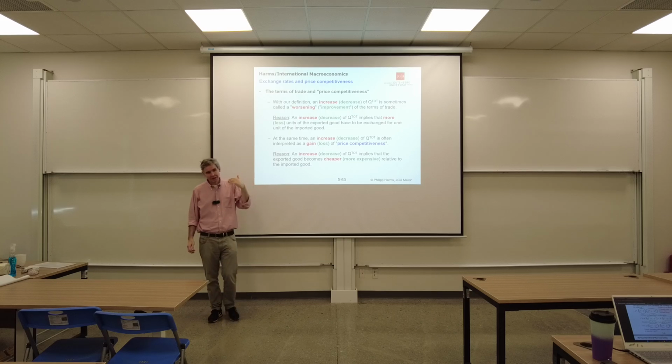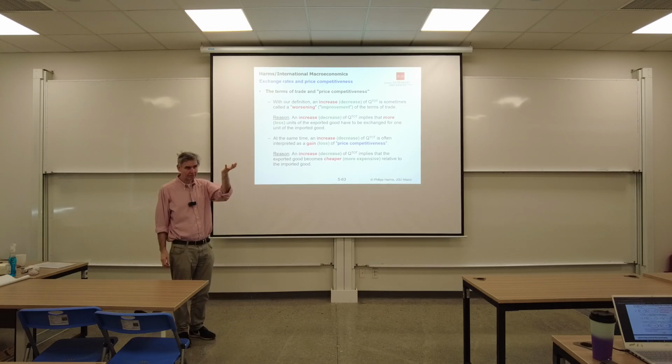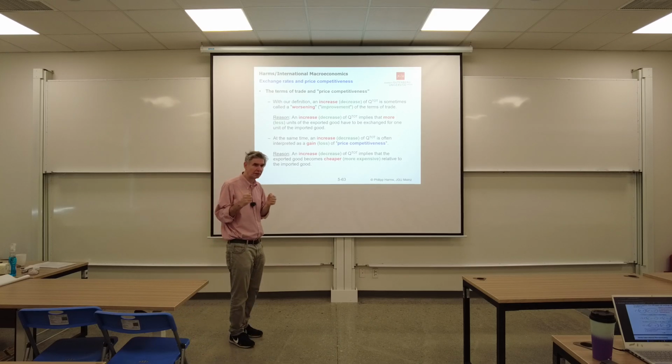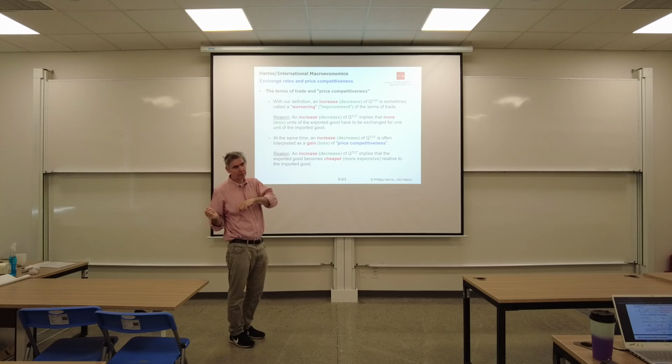Now, some people are very happy when this ratio goes up, and some people are very sad about it. Now, trade economists usually argue that if imported goods become more expensive relative to exported goods, that's bad. It's a so-called worsening of the terms of trade, because you have to deliver more exports for your imports, right?